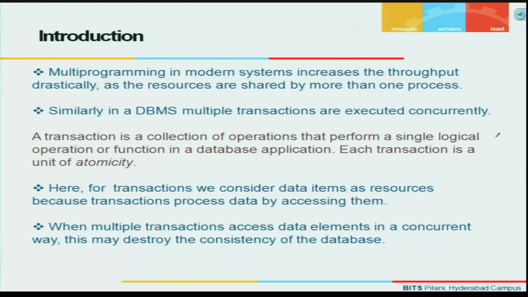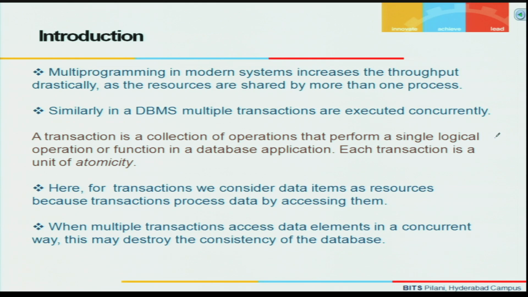Multi-programming in modern systems increases the throughput. That is the basic purpose of multi-programming, and this happens because the resources are shared by more than one process. That is in the case of operating systems. Similarly, in database management systems, multiple transactions are executed concurrently.